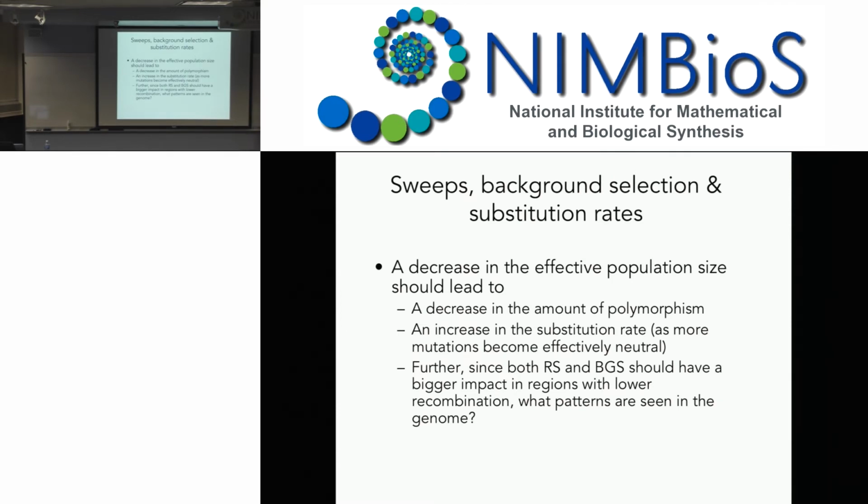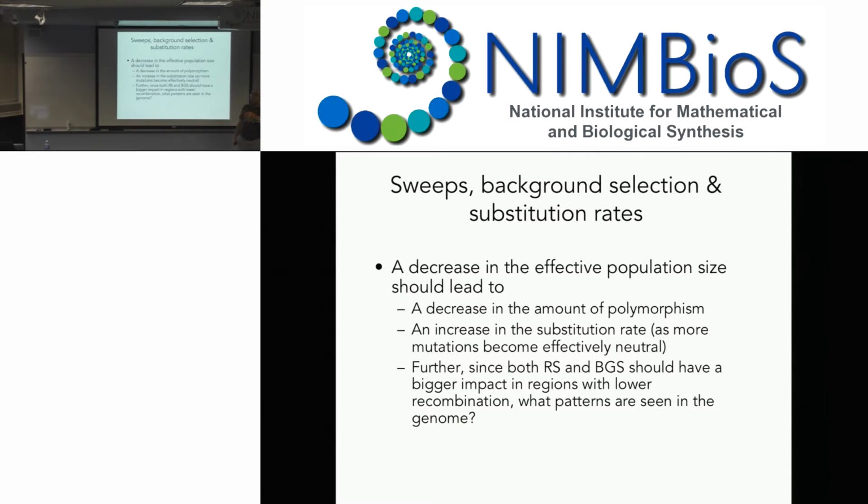So what are the consequences then of frequent sweeps or background selection? Well, we can look at substitution rates. So a decrease in effective population size, what does that mean? It means some fraction of advantageous mutations become more neutral, and it means that some fraction of deleterious mutations also become more neutral.